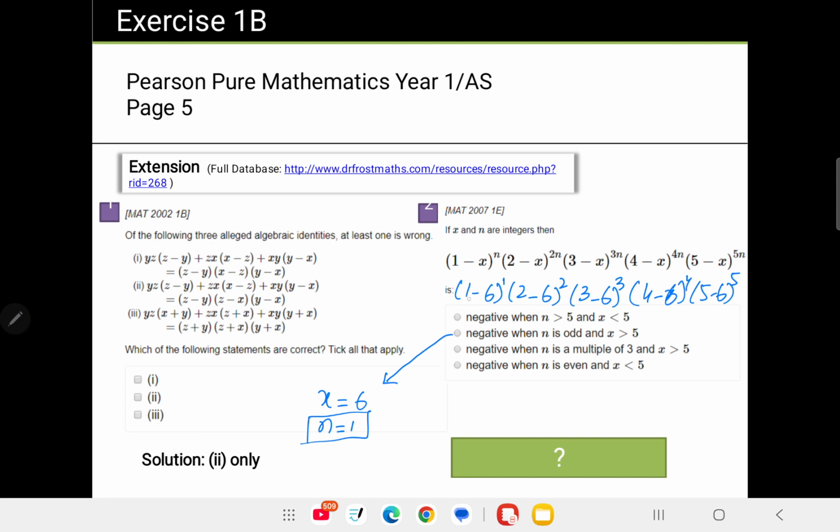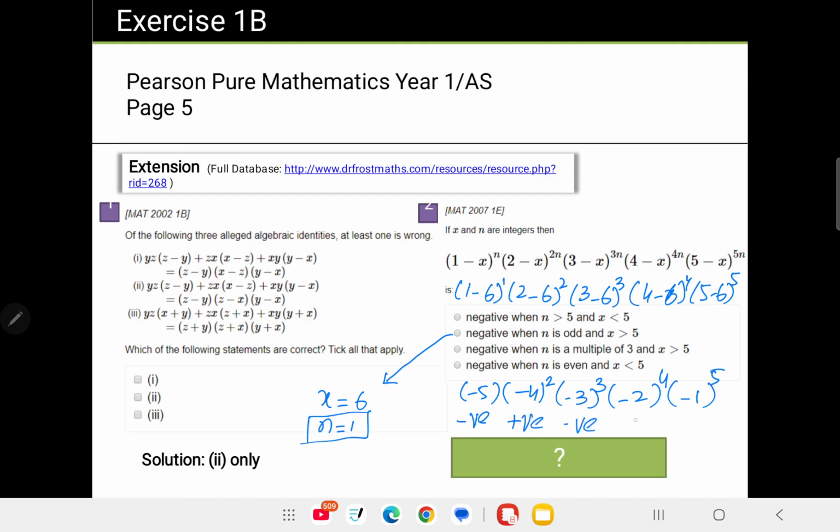So 1 minus 6 is minus 5, 2 minus 6 is minus 4 to the power 2, 3 minus 6 is minus 3 to the power 3, 4 minus 6 is minus 2 to the power 4, and 5 minus 6 is minus 1 to the power 5. You can see the first one is a negative number. The second is a negative number but with an even power, so the number is positive.